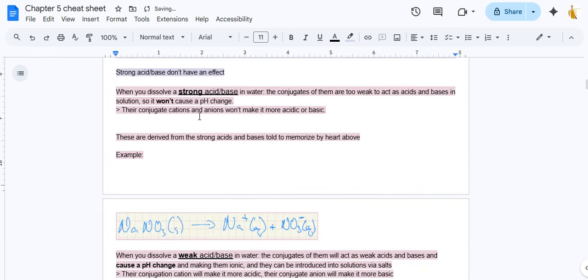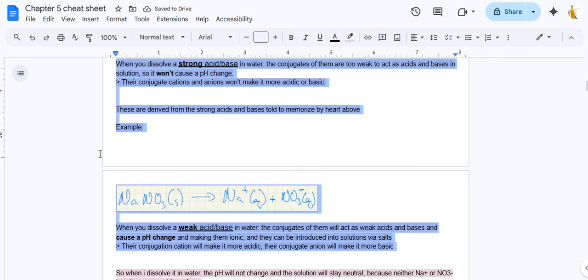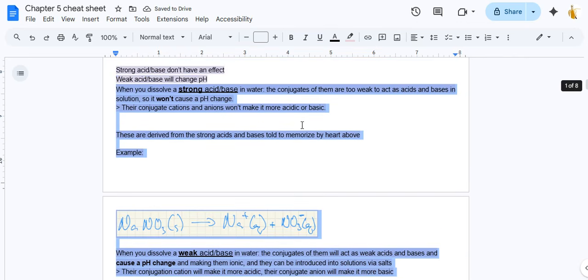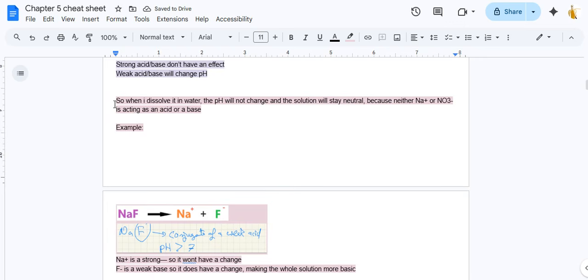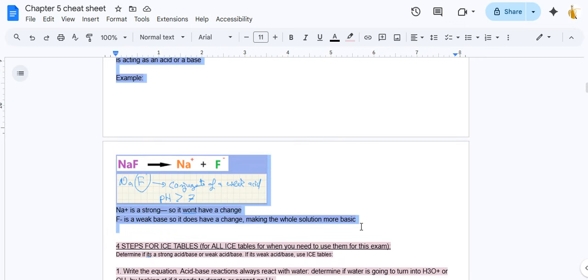Weak acid base would change pH. Maybe I'll just keep that instead of keeping all of this. I know this as well.